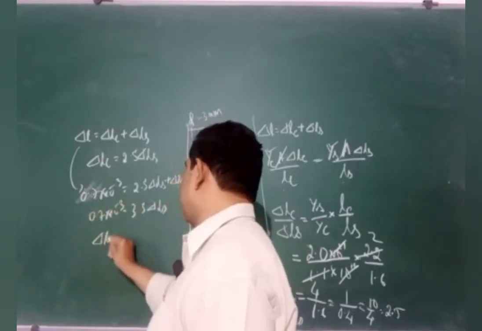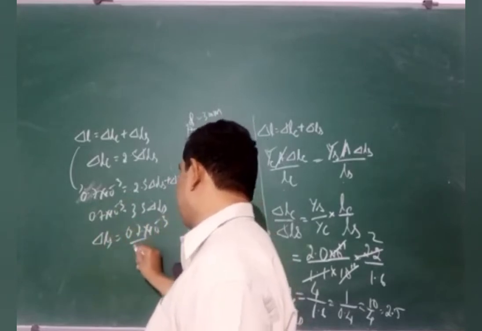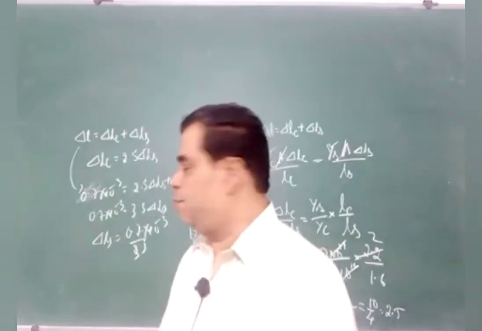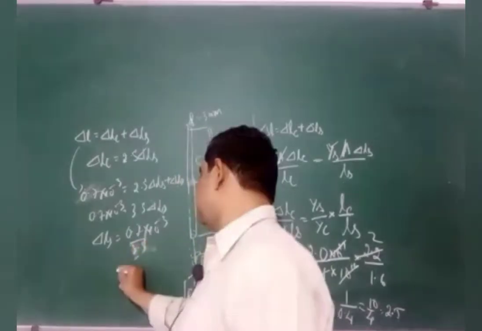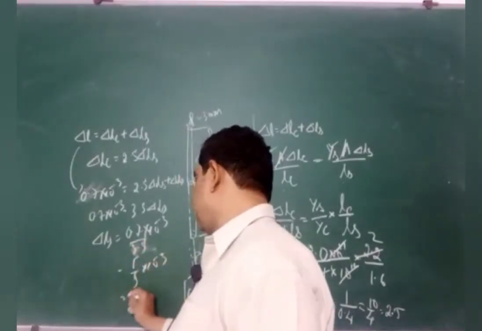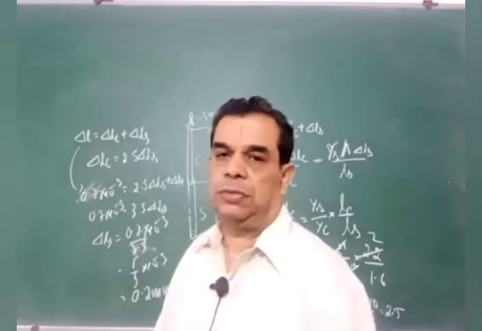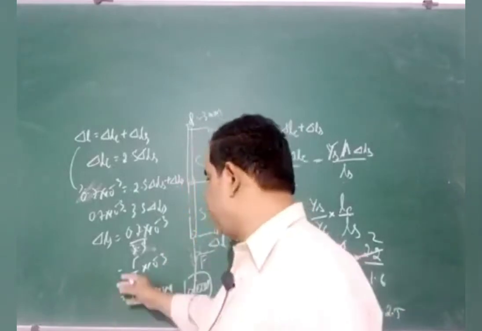So delta LS is 0.7, 10 raised to minus 3 by 3.5, which is also an easier calculation because 7 5s are 35. So 1 by 5 into 10 raised to minus 3. So 0.2 millimeters, or 0.2, 10 raised to minus 3 meter. That is the answer for delta LS.